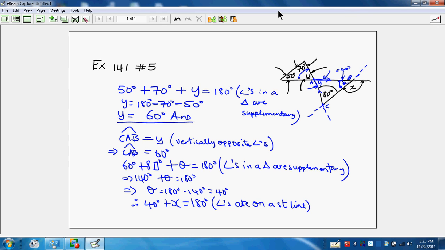And if those angles are on a straight line, it means then that we could solve for angle x, which is 180 minus 40, which is equal to 140 degrees. So angle x is equal to 140 degrees. And we would have therefore solved what they asked us to solve. So that also is an answer. This is one of the answers they're looking for. Angle x is equal to 140 degrees.